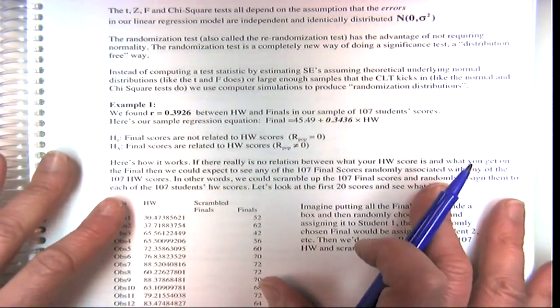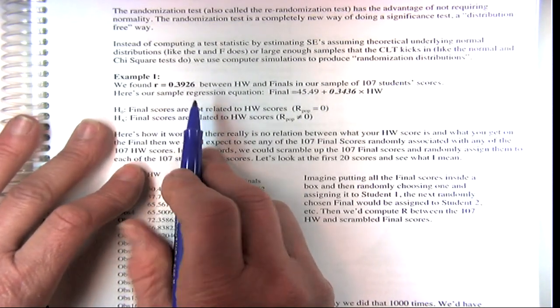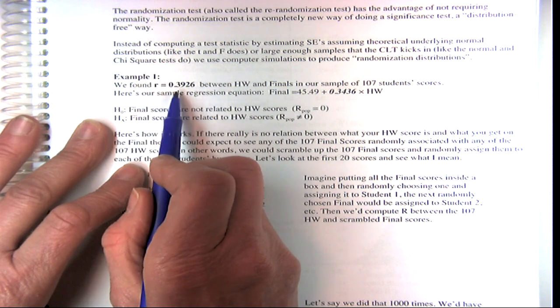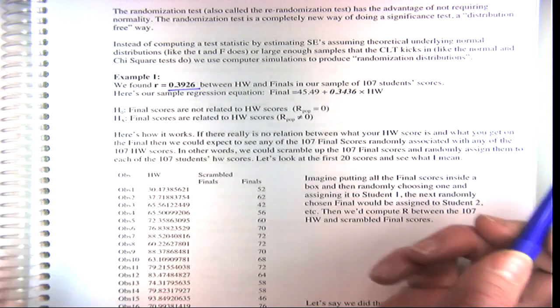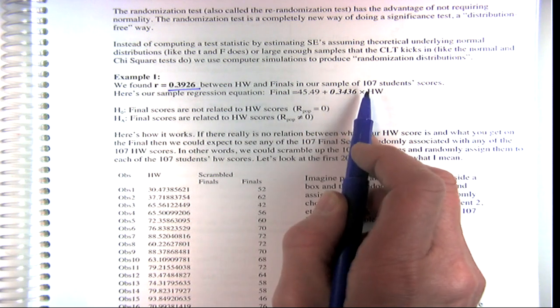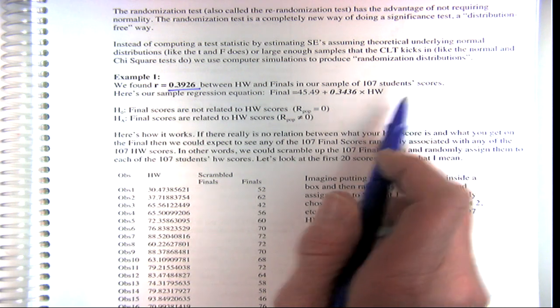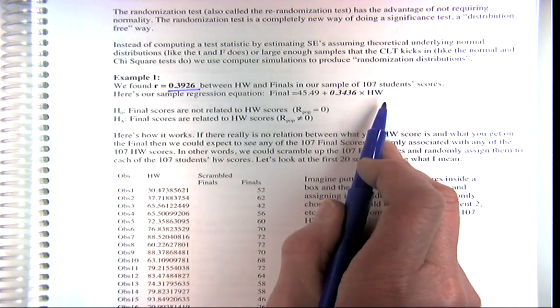Okay, so this is what I mean. In our example, we found a correlation coefficient of 0.3926 between homework and finals in our sample of 107 students' scores, and we were assuming they were coming from a larger population. And we got this regression equation.